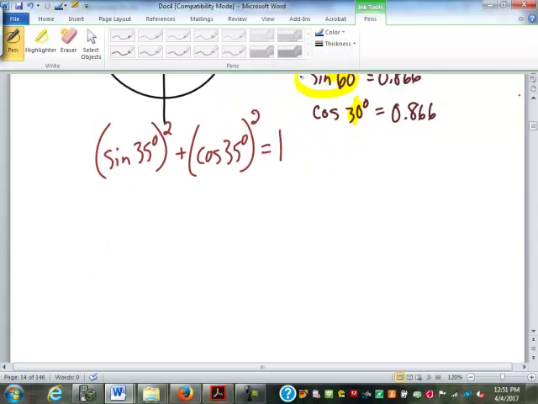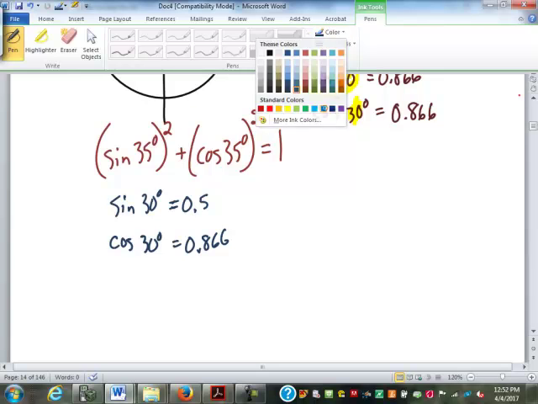So the sine of 30 degrees is 0.5. The cosine of 30 degrees is 0.866. I gave you the same angle, so the function doesn't have the same value.